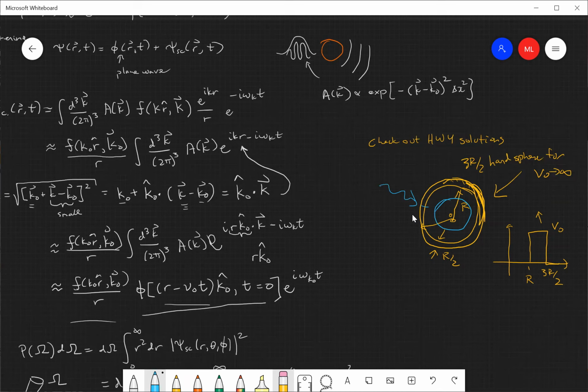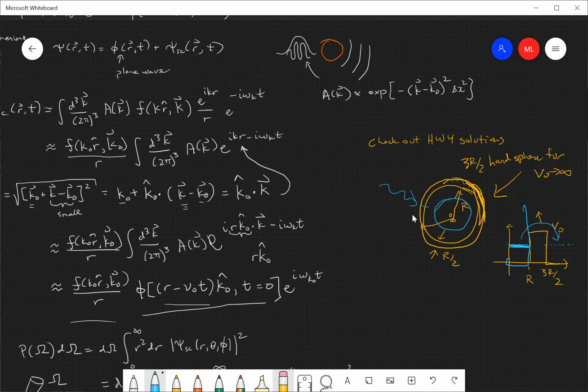So if you send something in at an energy that matches a bound state energy that lives inside the shell, because inside the shell it looks like basically a potential well, right? It'll see there's a well in here, and so it'll have bound states which are formally only there when V naught goes to infinity, but that's how we identify them. But for large V naught, they'll still be quasi bound states, even though the particle can always tunnel out.